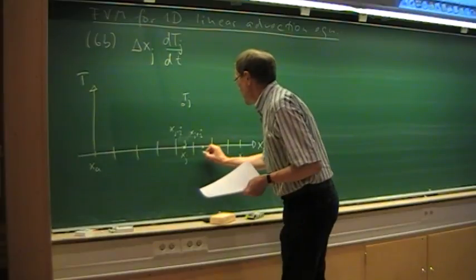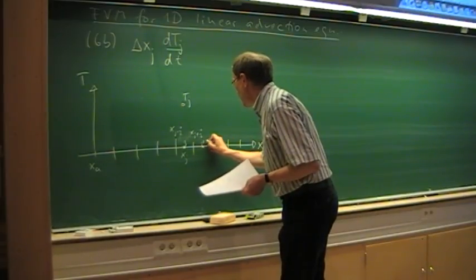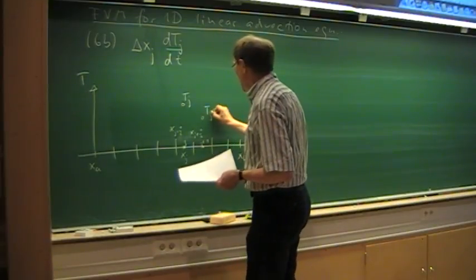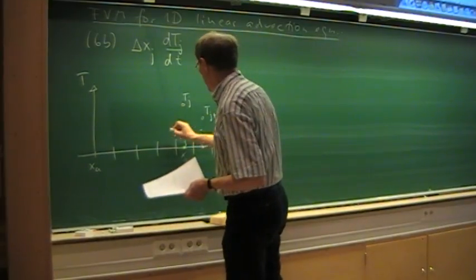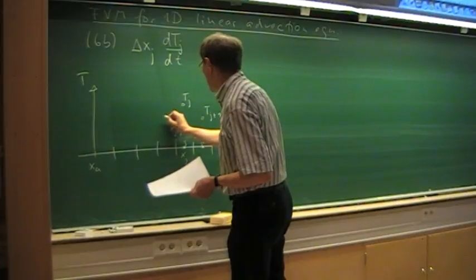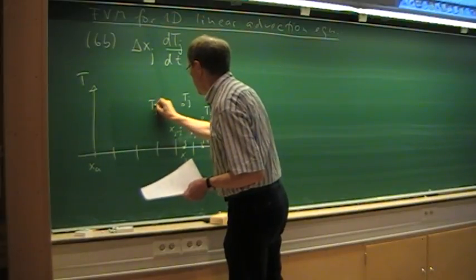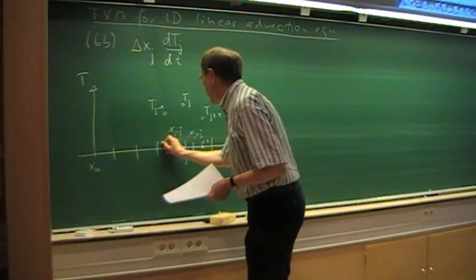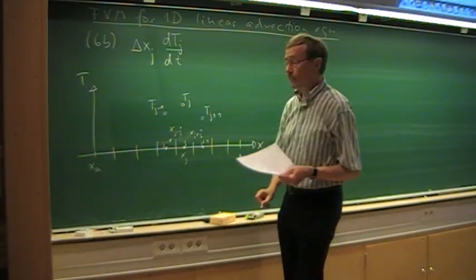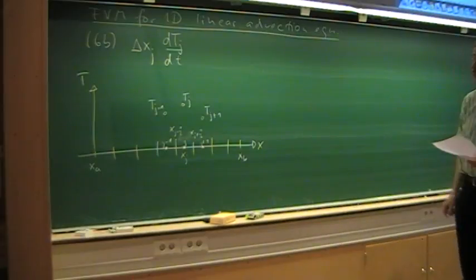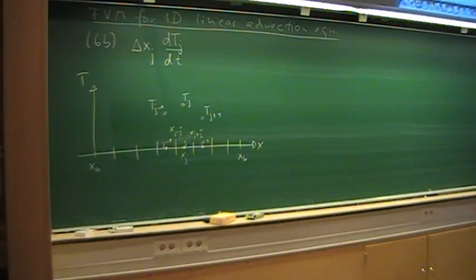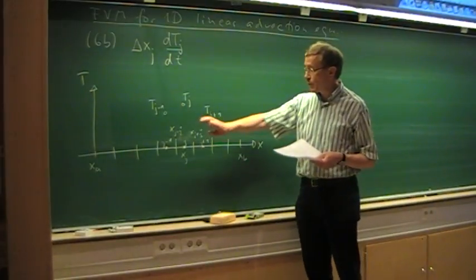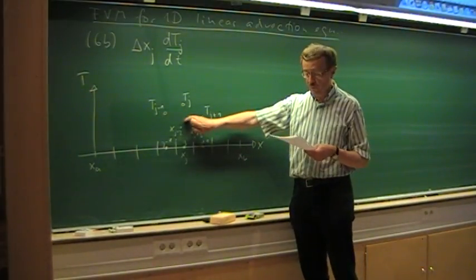So if we have here the cell j plus 1, then we might have a value there. That would be Tj plus 1, and we might also have a value on the left, Tj minus 1, that is located at the midpoint of the cell j minus 1. So we have an equation where the time derivative of the cell average approximation in cell j is involved.